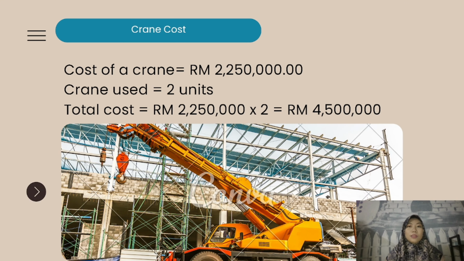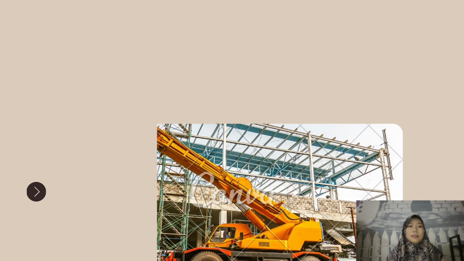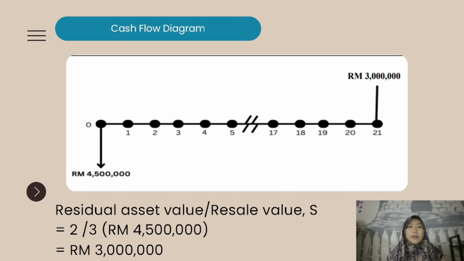First, the crane cost: we estimate the price of a crane at about 2.25 million, and we use 2 cranes for this project. So the total cost is 4.5 million for both cranes. Next, the cash flow diagram. The price we use for this project is 4.5 million for the cranes, and the time we use the cranes is 21 months, approximately 2 years.